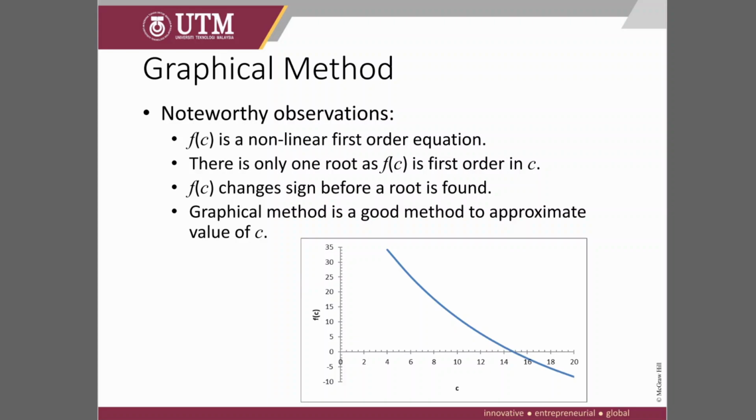As you can see just now, it is not as accurate as what we want. Maybe we want up to 3 or 4 decimal places, but using the graphical method, it is really hard to achieve 2 or 3 decimal places.